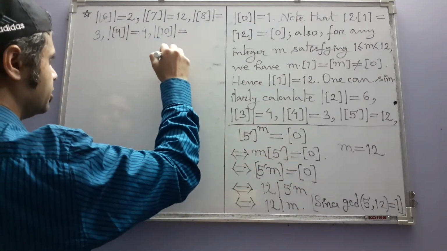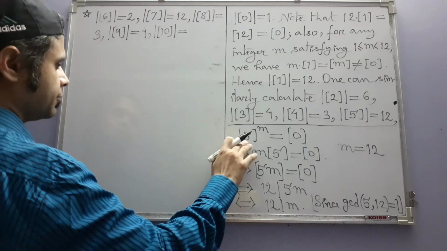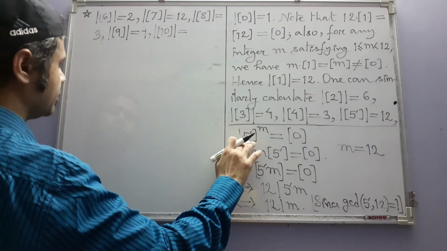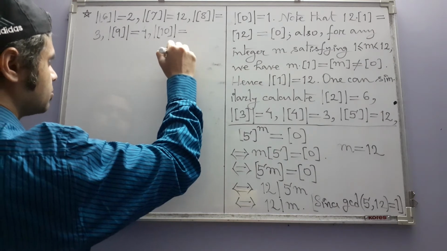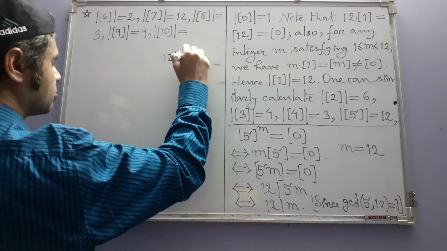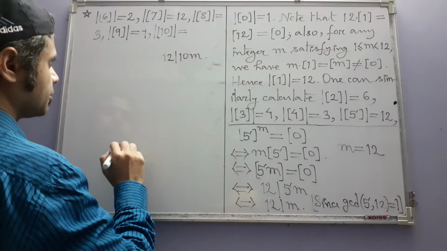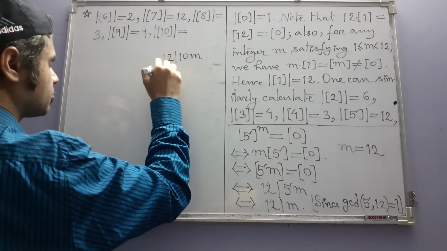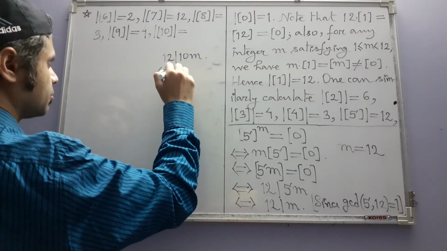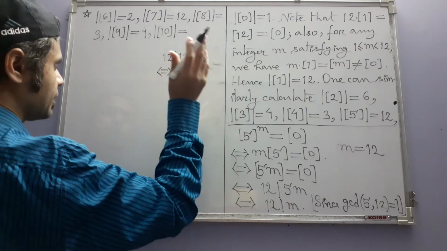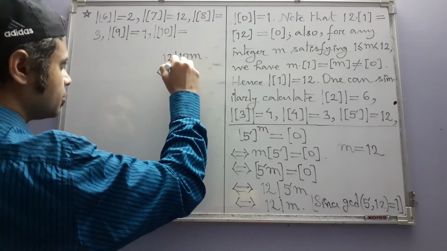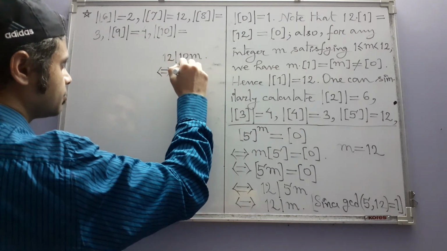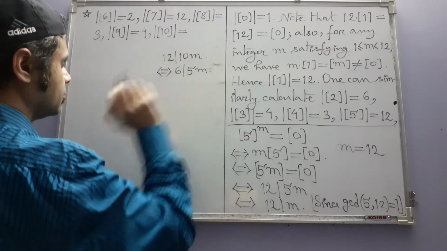For example, here, if you have 10 in place of 5, you would then need this. That is, if you cancel the common factor, which is 2, you have this.